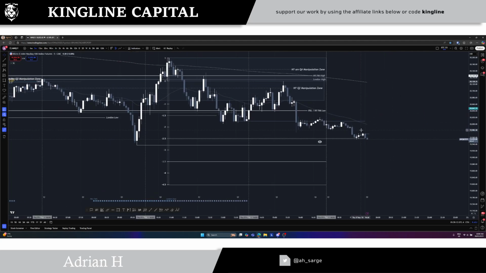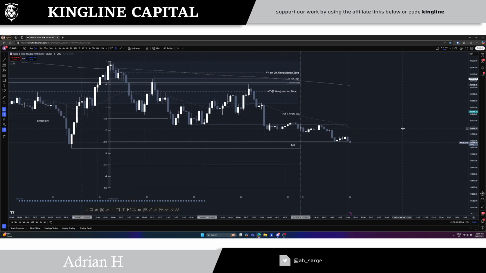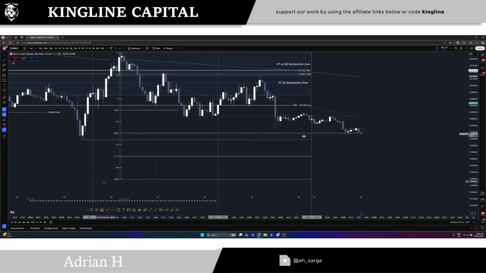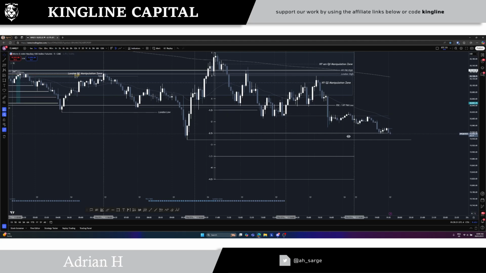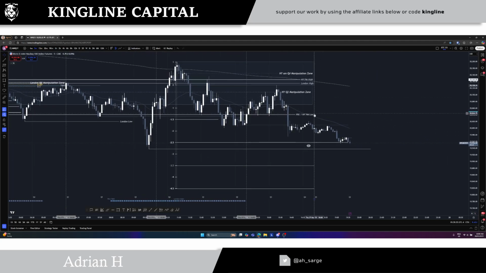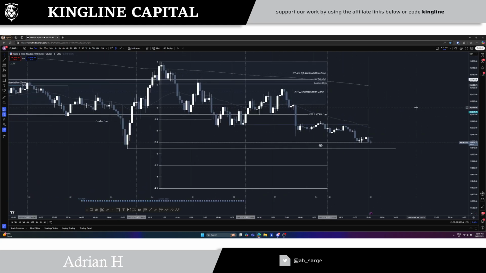So we might see a little bit of redistribution here and possible continuation down to SD 3.5 or 4. Definitely this low here should go. That was at 938. Yeah, nice start to the session there.